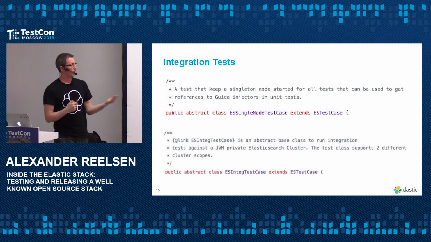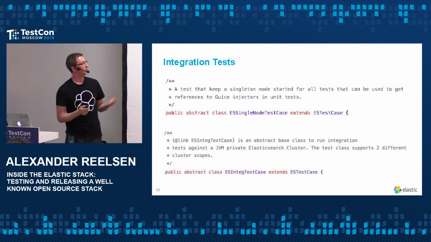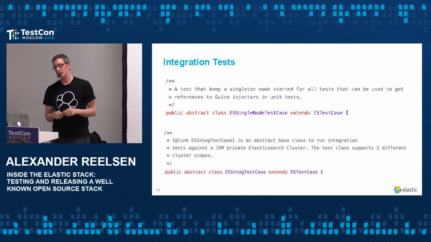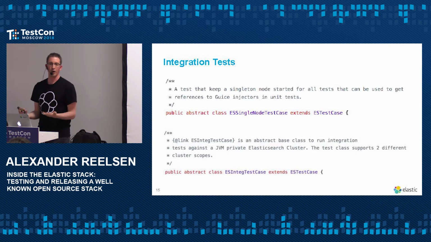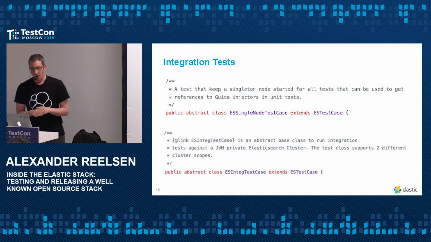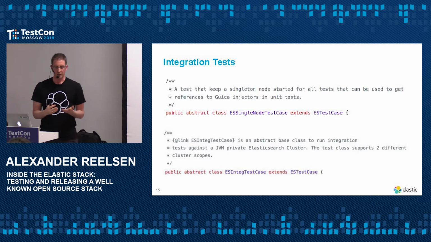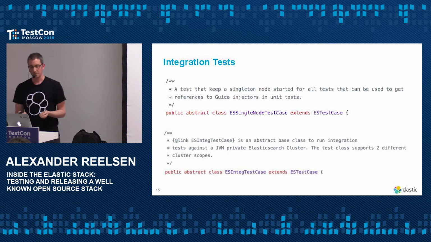The next kind of abstraction we have is something we call an ES single node test case. So we are starting an Elasticsearch instance as part of our unit-based test. One of the things is that Elasticsearch uses Google Guice internally, which is a dependency injection framework. So for some tests, we have to make sure we are starting an Elasticsearch instance in order to be able to access those wired classes.